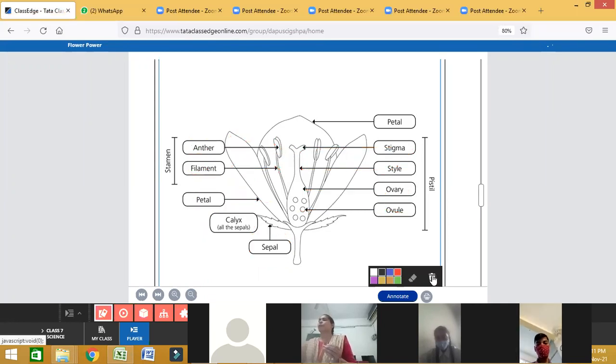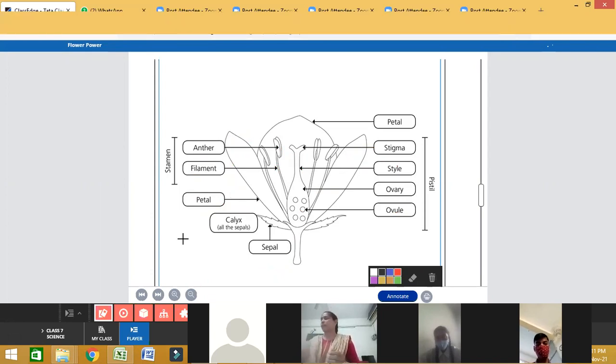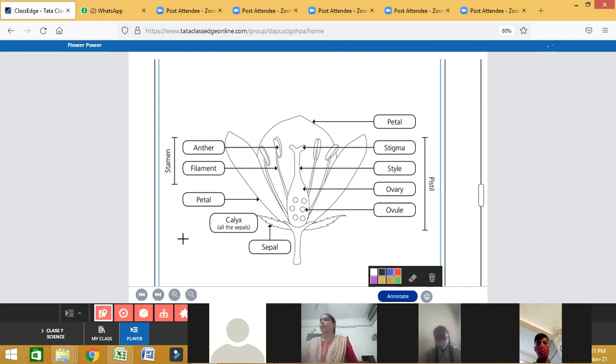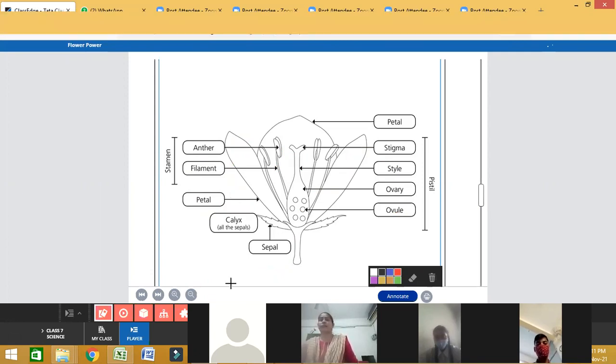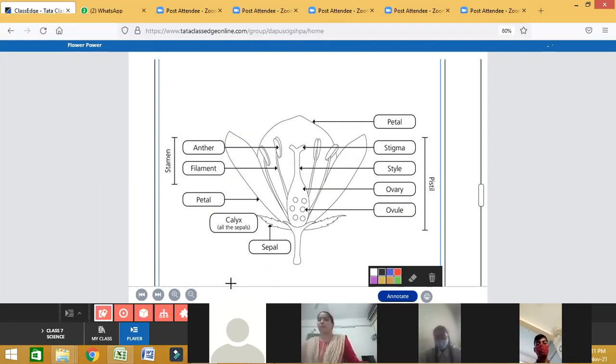Now the question is, ma'am, what is the use of this flower? This flower is the reproductive part of the plant. Okay. And in plants, reproduction takes place in two ways. Number one is asexual reproduction and second one is sexual reproduction.